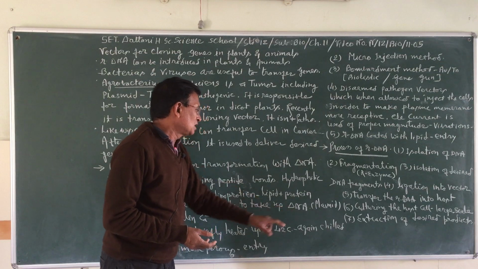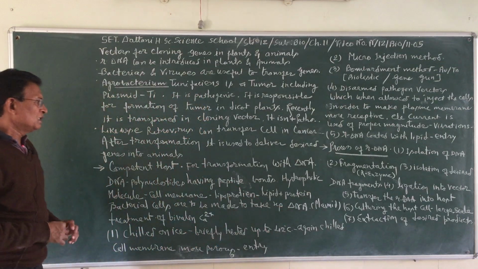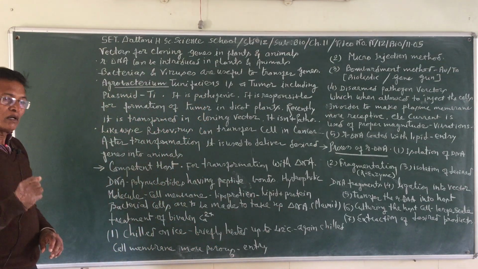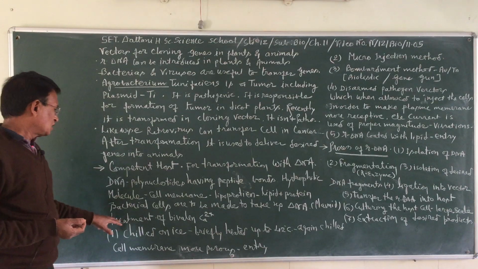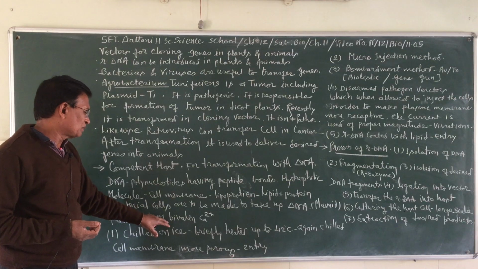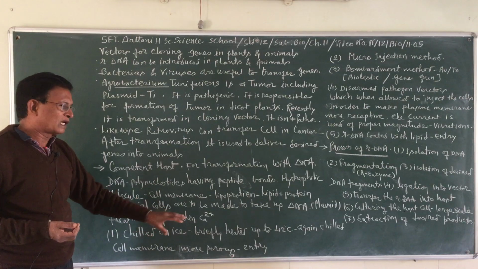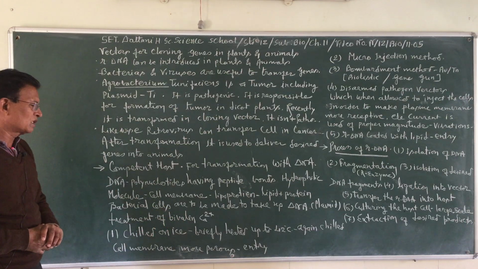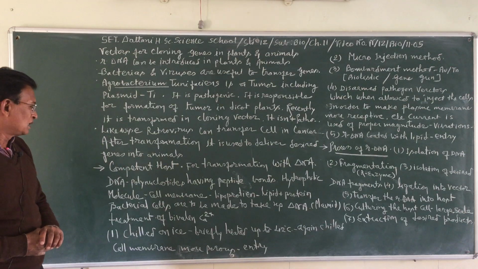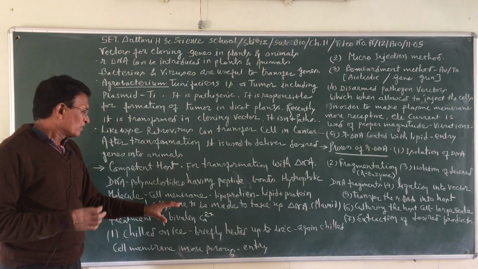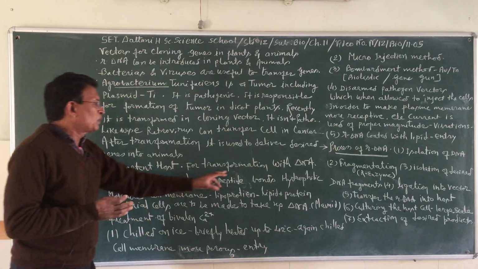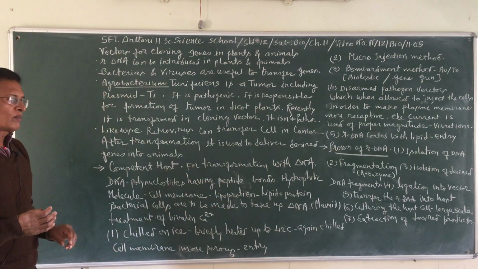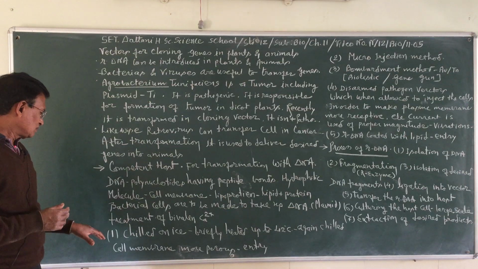That is, the plasmid is to be made ready to accept the rDNA. The treatment with calcium, that is bivalent ions, is given there, so that it will take the hydrophilic DNA particles into the cell.